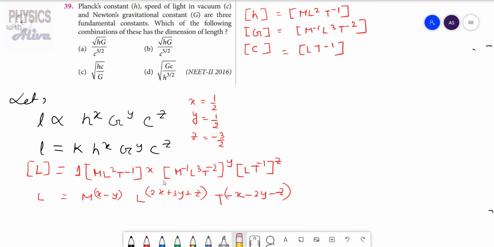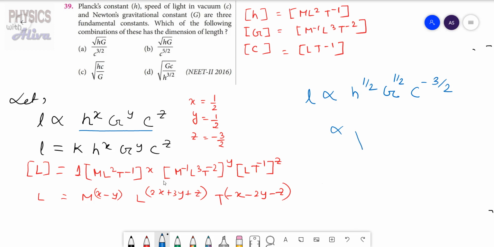So here we will put these values of x, y and z. That L is directly proportional to h to the power half, G to the power half, and c to the power minus 3 by 2.